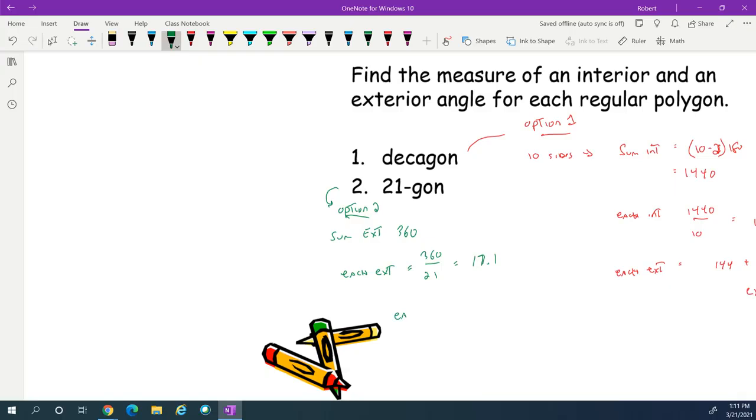And then for each interior, well, the interior plus the exterior, 17.1, equals 180. So that means the interior is 162.9 degrees.